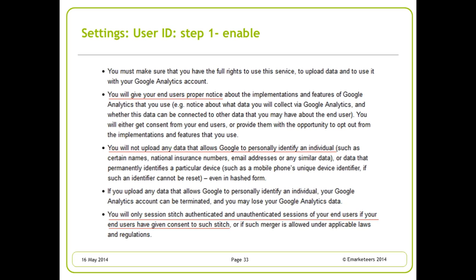So no names, no email addresses, those kinds of things, just an anonymous user ID. You also will need to update your privacy policy on your site to inform users about what data you are collecting and with what purpose, and that you're now also using user IDs.